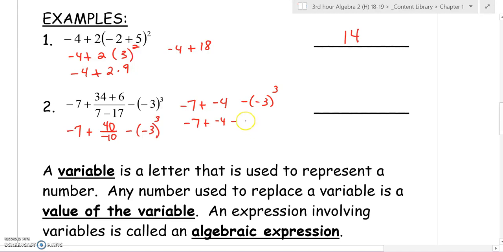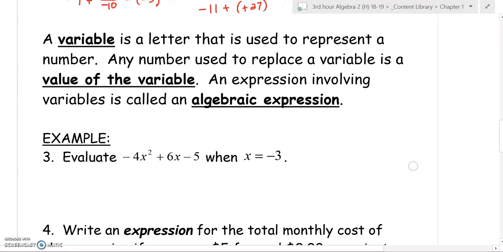A negative number raised to an odd power is always negative. 3 to the 3rd is 27, so -3 to the 3rd would be -27. Now I just need to do my addition and subtraction from left to right. So I'm going to say -7 plus -4 is -11, and I have minus negative 27, so it becomes plus 27, which is 16.